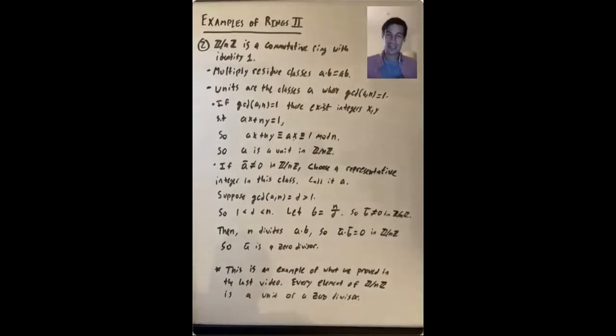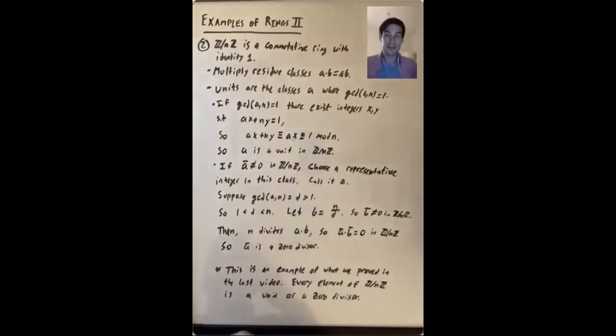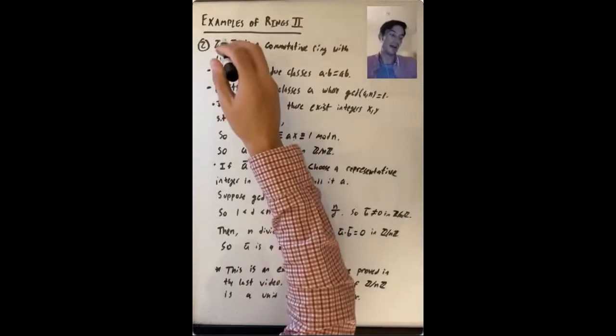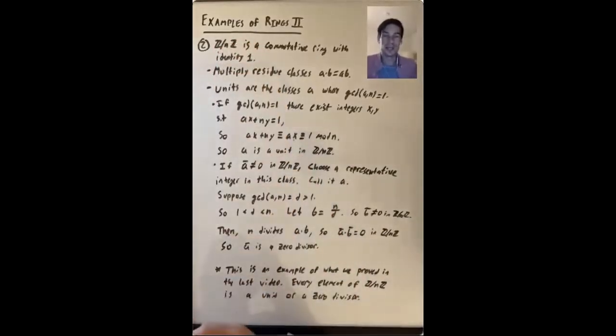Okay, so what are we seeing here? We're seeing that every element in Z mod nZ, this finite commutative ring with identity 1 not equal to 0, is either a unit, when GCD of a and n is 1. That is, we pick a residue class in Z mod nZ. We can think of these as being like the integers from 0 to n minus 1.